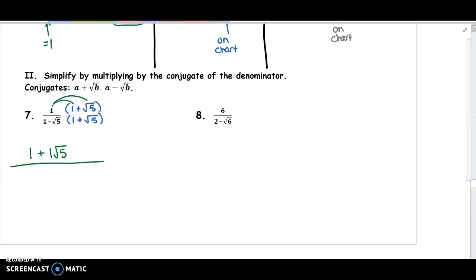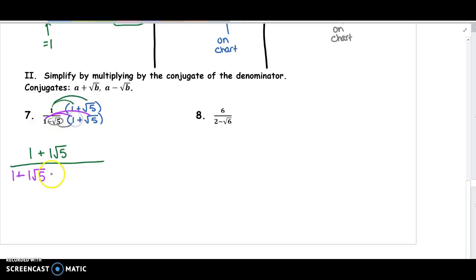In our denominator, we need to double distribute. So start by distributing the 1. 1 times 1 is 1. 1 times the square root of 5 is 1 times the square root of 5. Now we distribute the negative square root of 5.